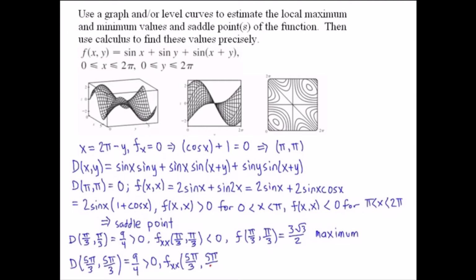So our function f evaluated at (5 pi divided by 3, 5 pi divided by 3), which is equal to negative 3 times the square root of 3, all divided by 2, is a local minimum.